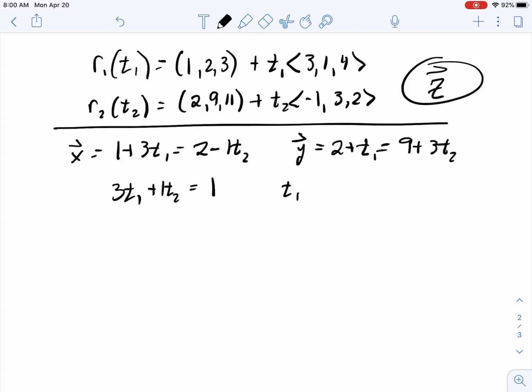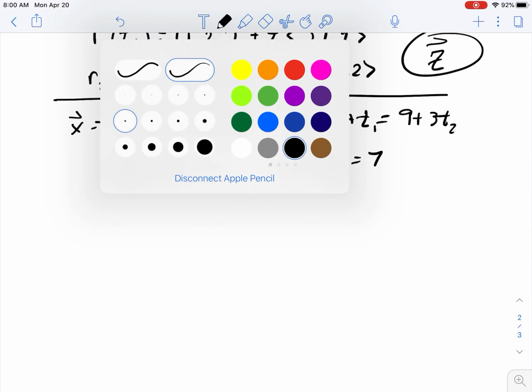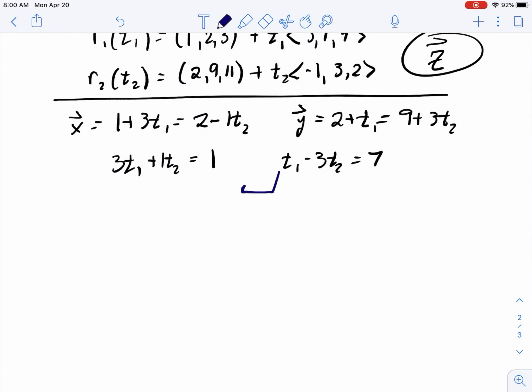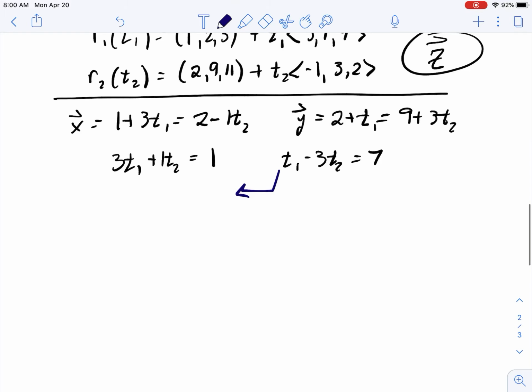My y components here, I have t1 minus 3t2 equals 7. All right, so let's move this one over. So I have t1 minus 3t2 equals 7. So let's go ahead and multiply by what? Let's multiply this one here by negative 3.